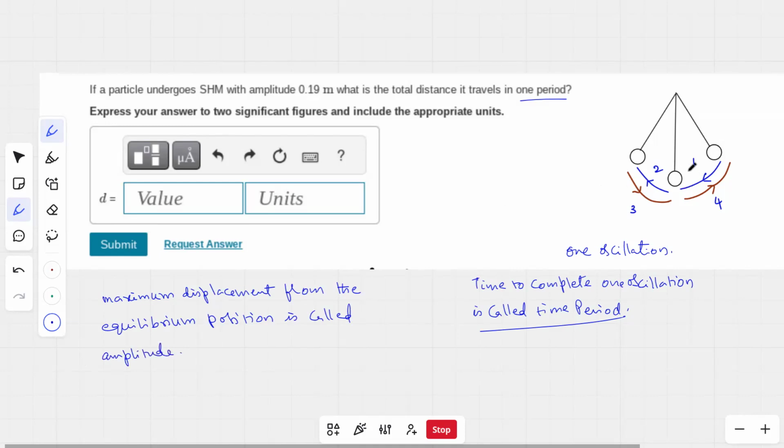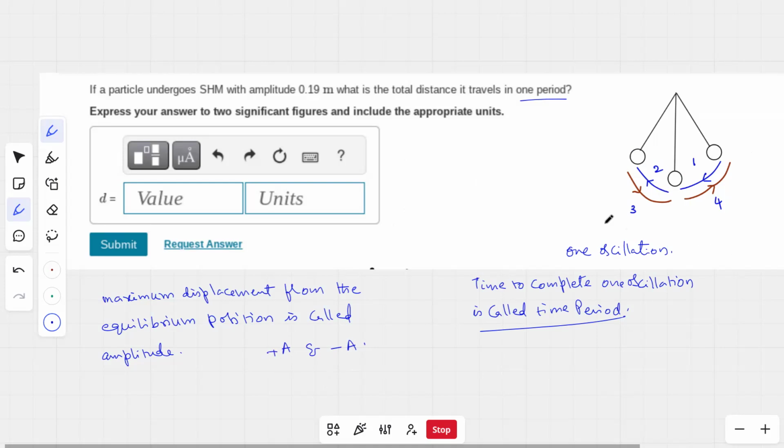You may be wondering, we have two ends, what about the other end? Both are amplitude only. Generally, according to sign convention, we will take the right side as positive and the left side as negative. So if this is A and this is minus A, we represent amplitude as plus A and minus A. The right hand side is positive amplitude, the left hand side is negative amplitude.